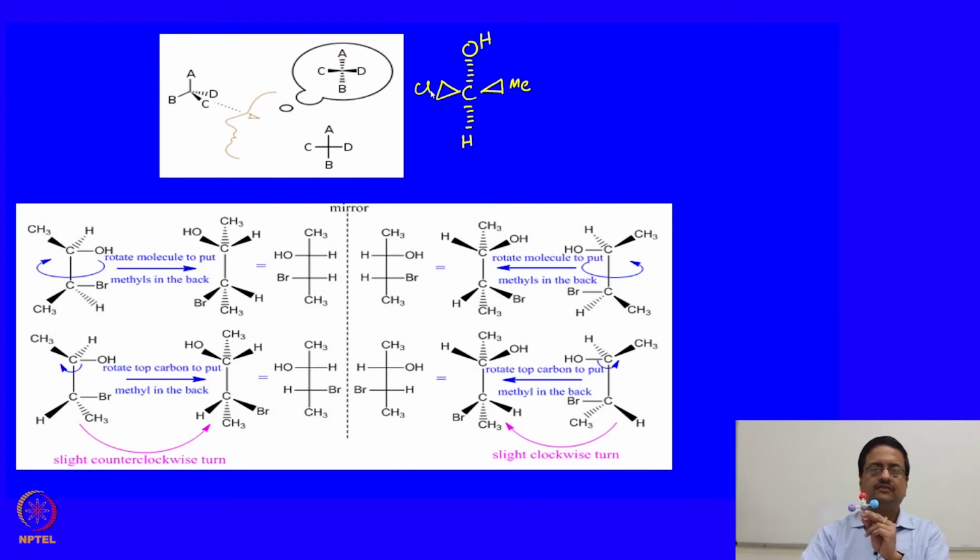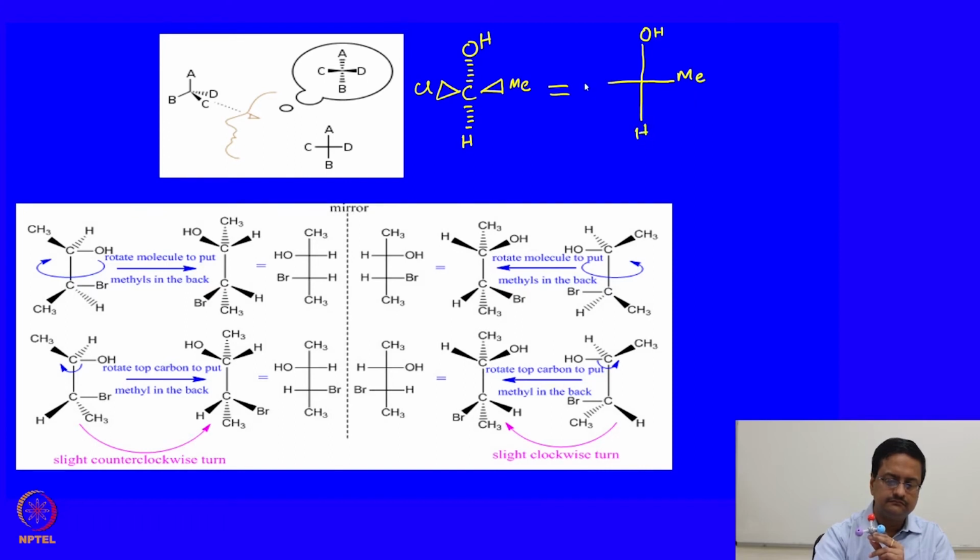Now the way we should draw this is slightly different. What we should draw is to convert this into a Fisher projection. It would look like that. So this is how we should try to draw the molecule.